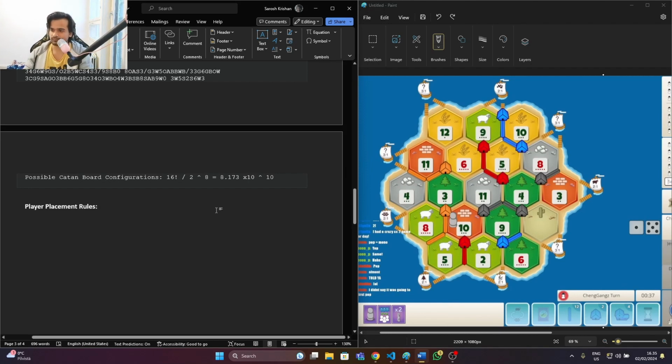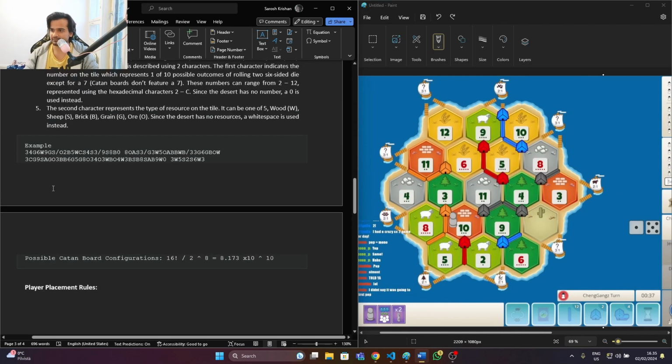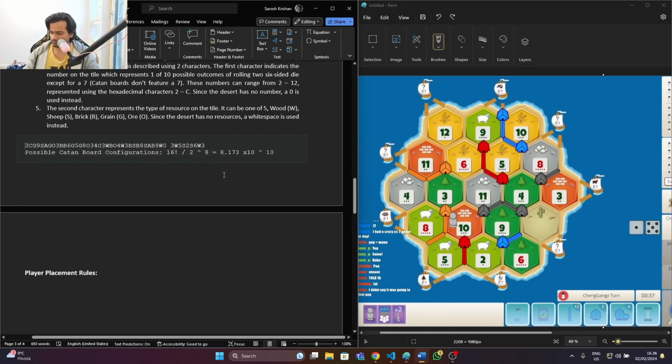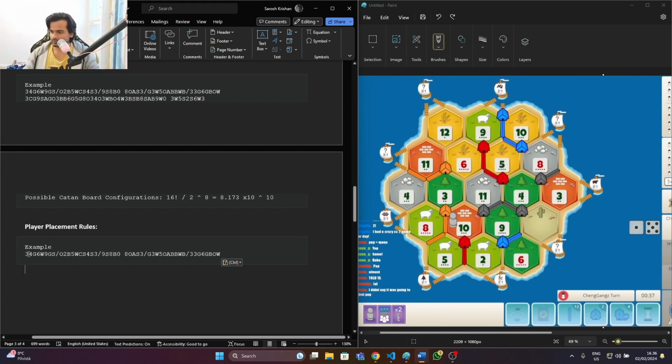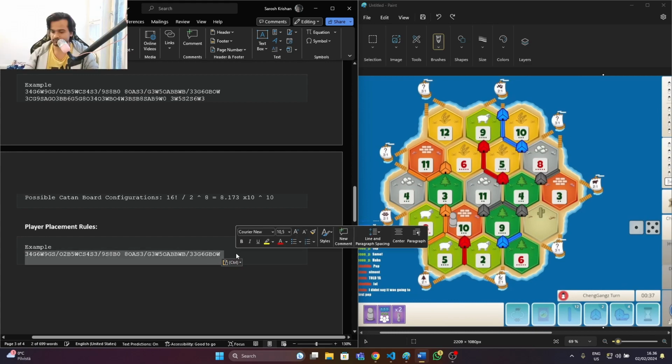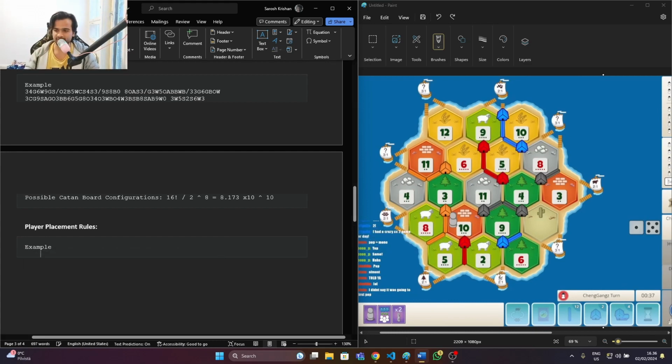So for player placement rules, let's just copy this and create another example. Okay, example. Let's try to plot all the different roads. What I was thinking is that we can borrow a concept from chess.